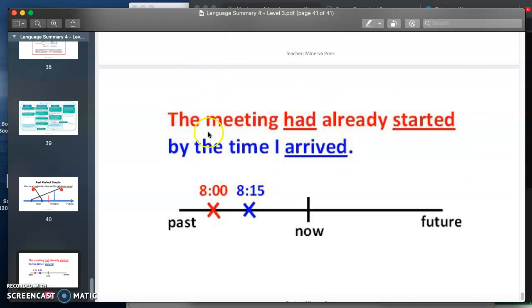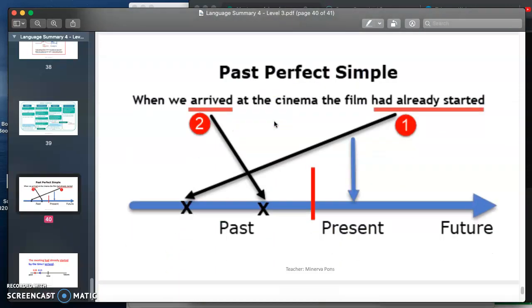Let's say that the meeting started at 8 o'clock p.m. and then I arrived at 8:15. First, the meeting started and then I arrived. The same happened here. When I arrived at the cinema, the film had already started. If the film started at 8 o'clock and I arrived at 8:15, that means that first the movie started and then I arrived.